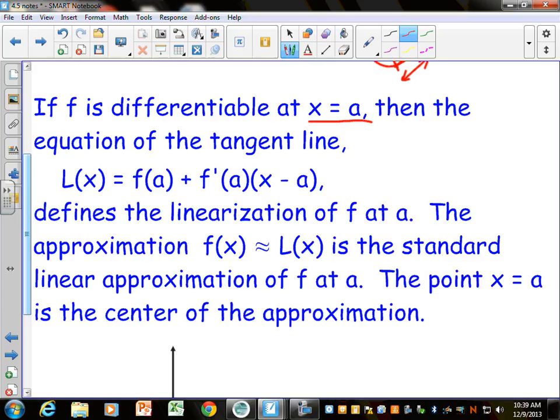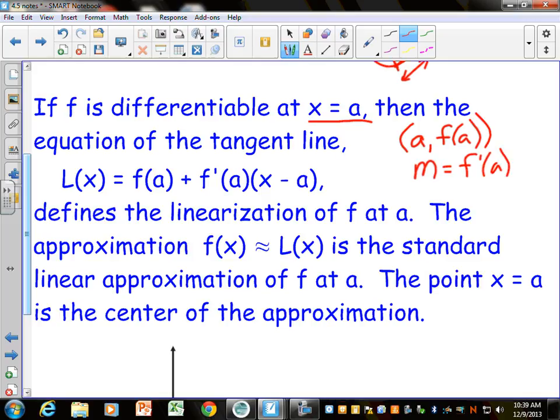When we write an equation for a tangent line, what do we always need? A slope and a point. Yes? So if my point, let's say my point was a, f of a, do you agree that's my point? My slope would be the same as saying the derivative at a.